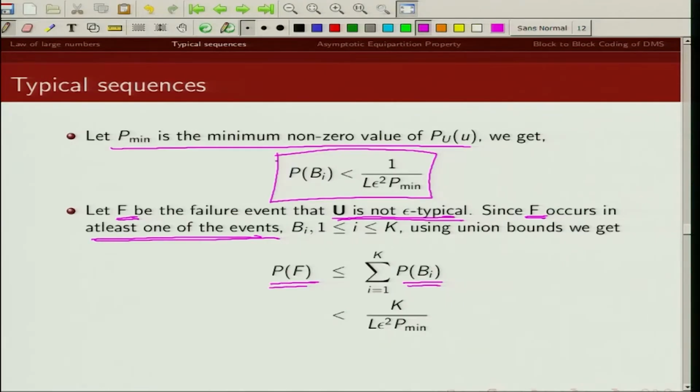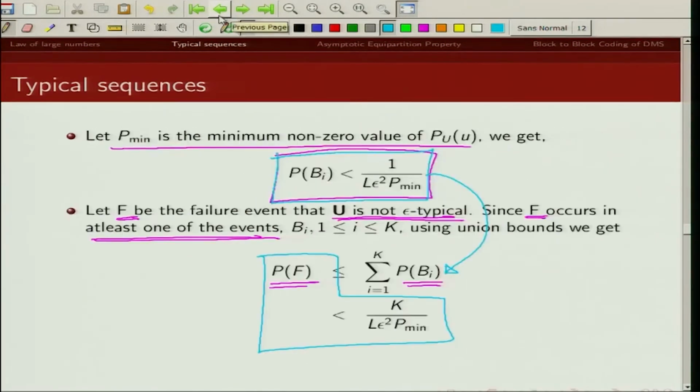Plugging in the expression for the probability of Bi, the probability of failure is upper bounded by k divided by L epsilon square P min.